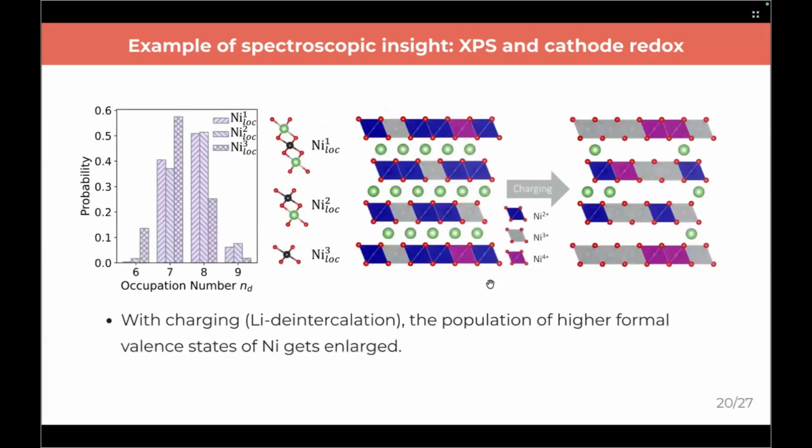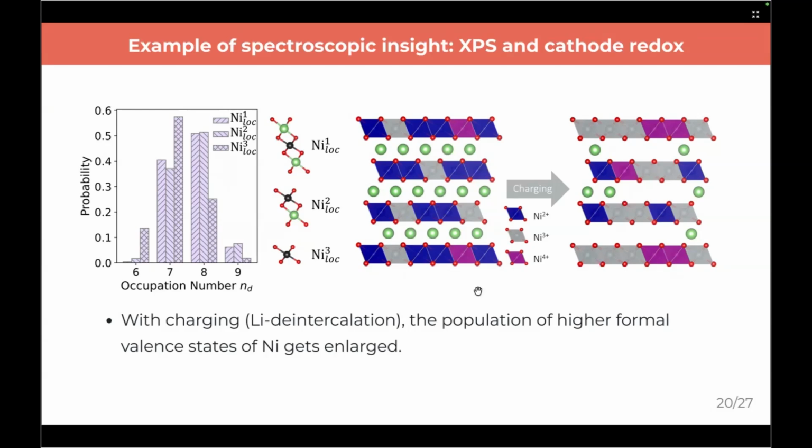So our conclusion is that first we did a dynamical mean field theory calculation to get the probability distribution, for example, what is the fraction of nickel 2+ or nickel 3+, because you can think that when you start to remove the lithium atoms in the crystal, the local environment of nickel, cobalt and manganese starts to change.